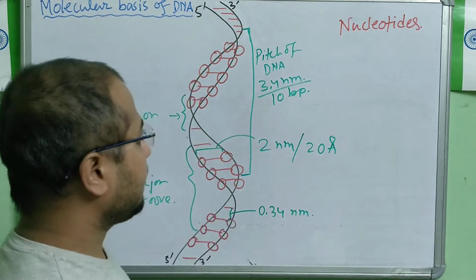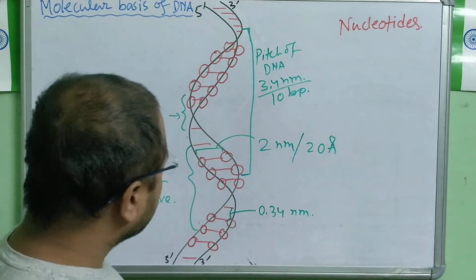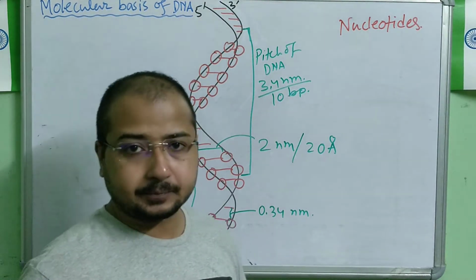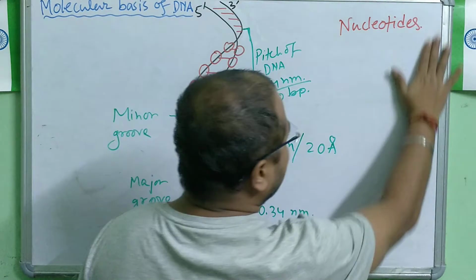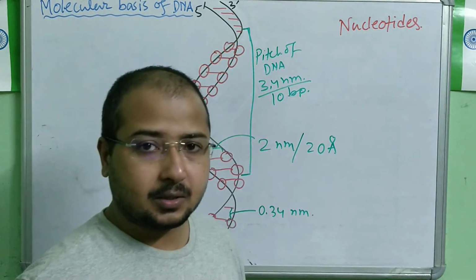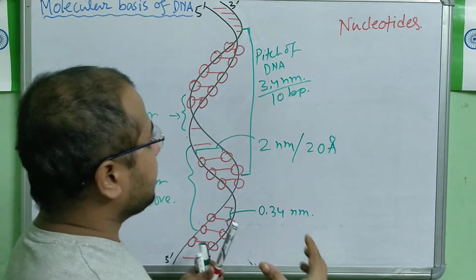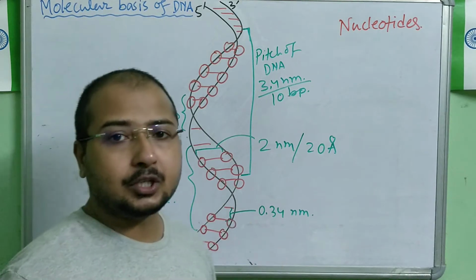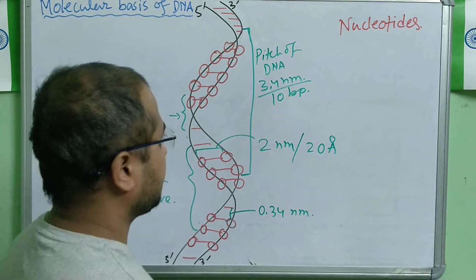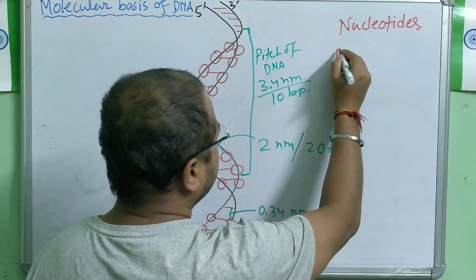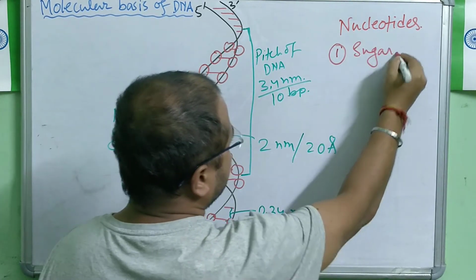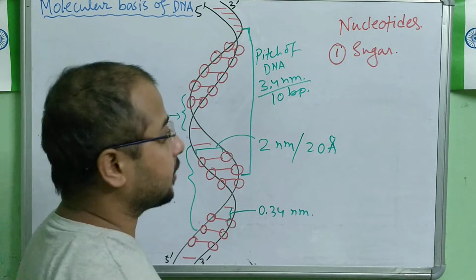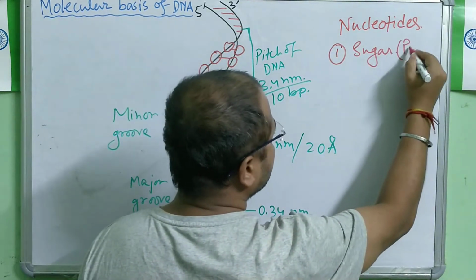To understand the nucleotide molecules, we have to see its composition. What is this nucleotide molecule made up of? Number one, it's a sugar, and it is a pentose sugar.